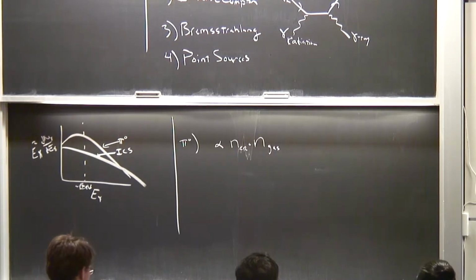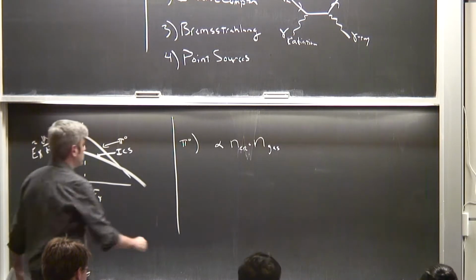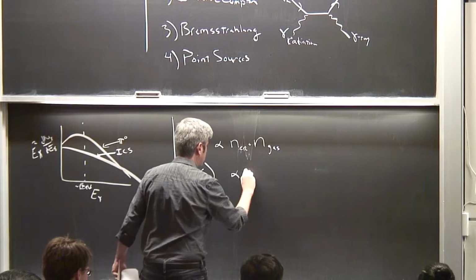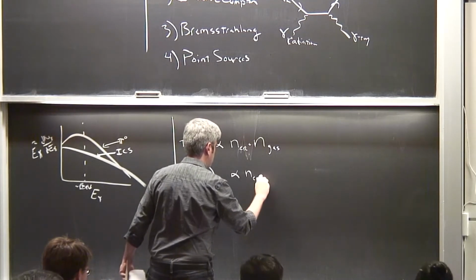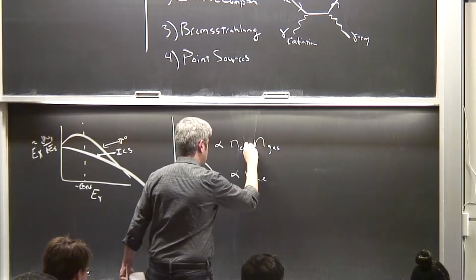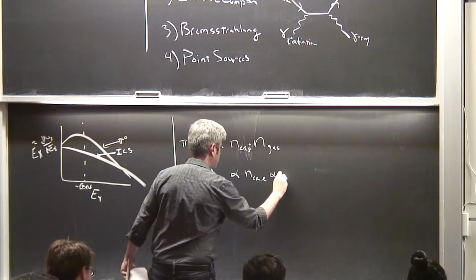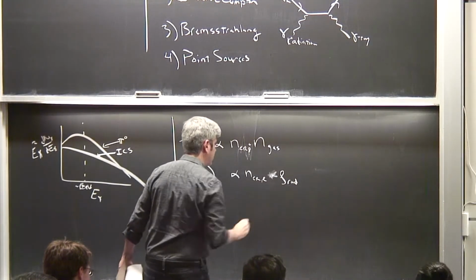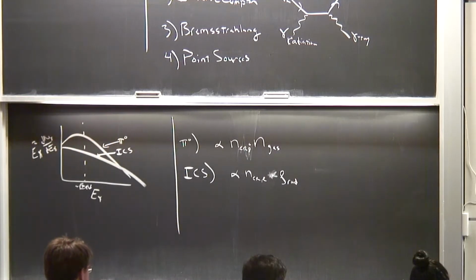It's a little bit smoother compared to the pions. And here we're, of course, proportional to the densities of cosmic ray electrons and the density of radiation.